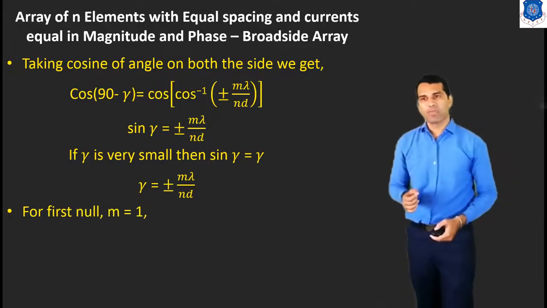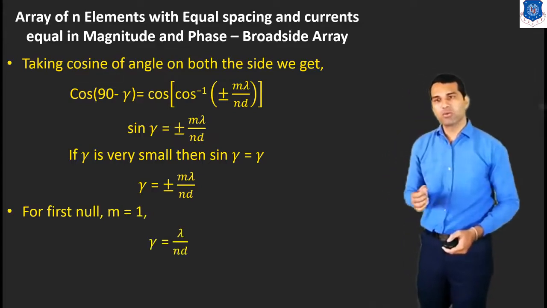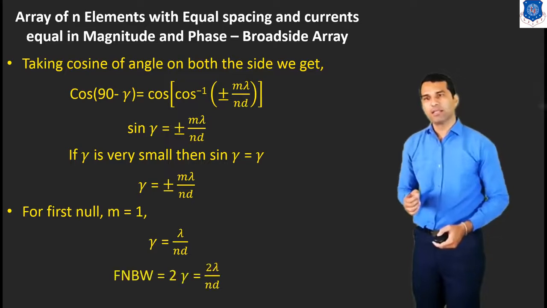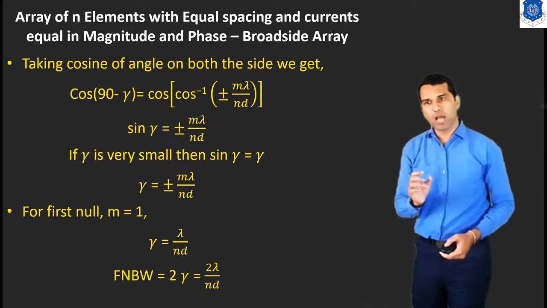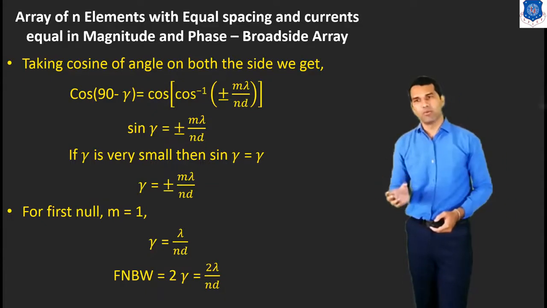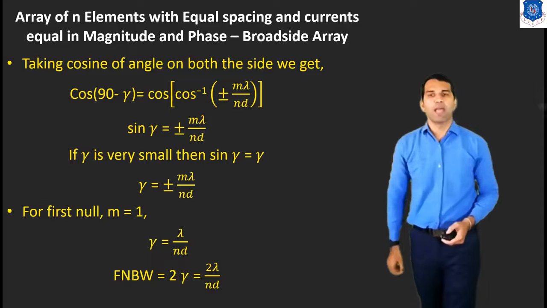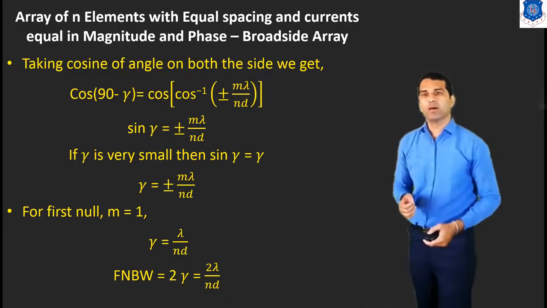For the first null, m is equal to 1. So we can write γ equals λ upon nd. The same for the second null, so we write 2 times γ. So the first null beamwidth FNBW equals 2λ upon nd. So this is the FNBW for the broadside array.